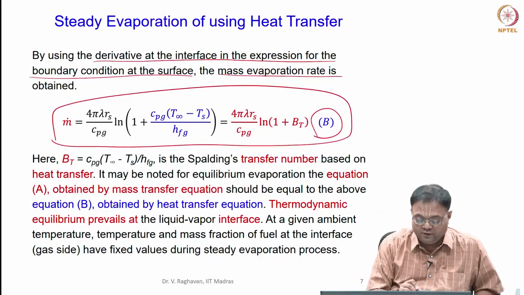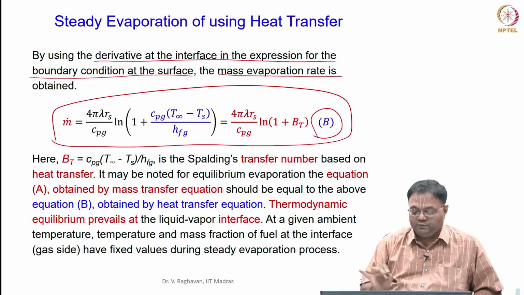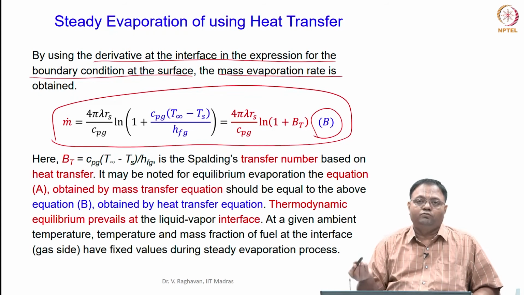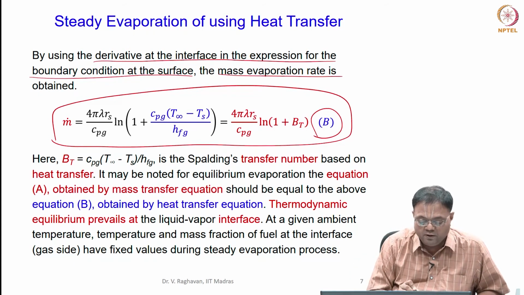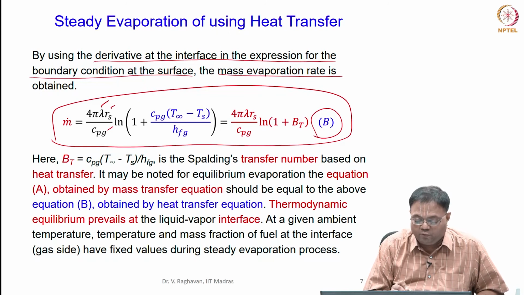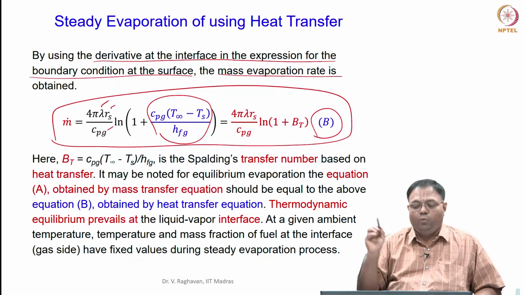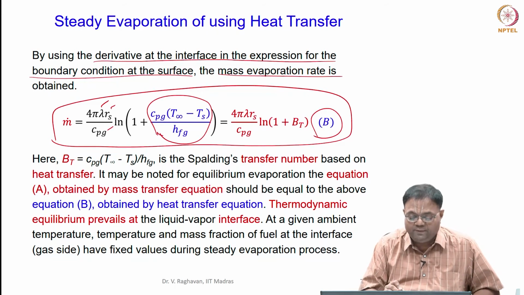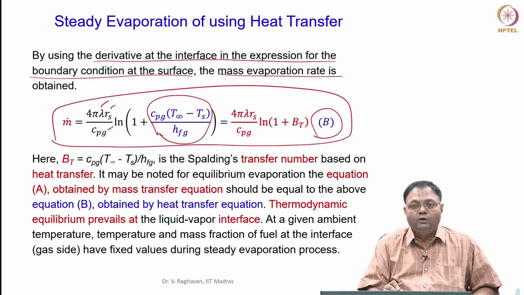You can see the same type of expression is coming, but the property values are different: 4 pi lambda by Cpg, Rs common, times the natural logarithm of 1 plus a quantity. There also we saw 1 plus B_M. Here this quantity is Cpg into (T infinity minus Ts) divided by Hfg, the heat of vaporization.